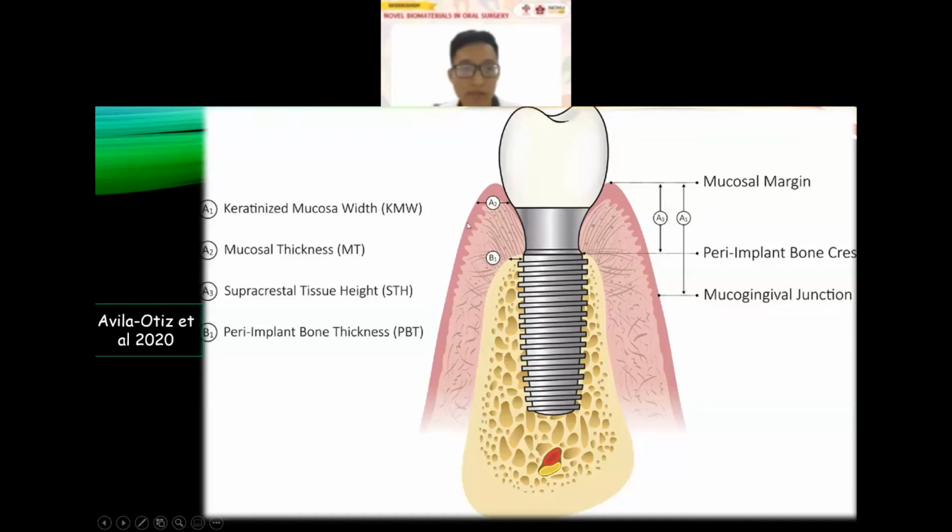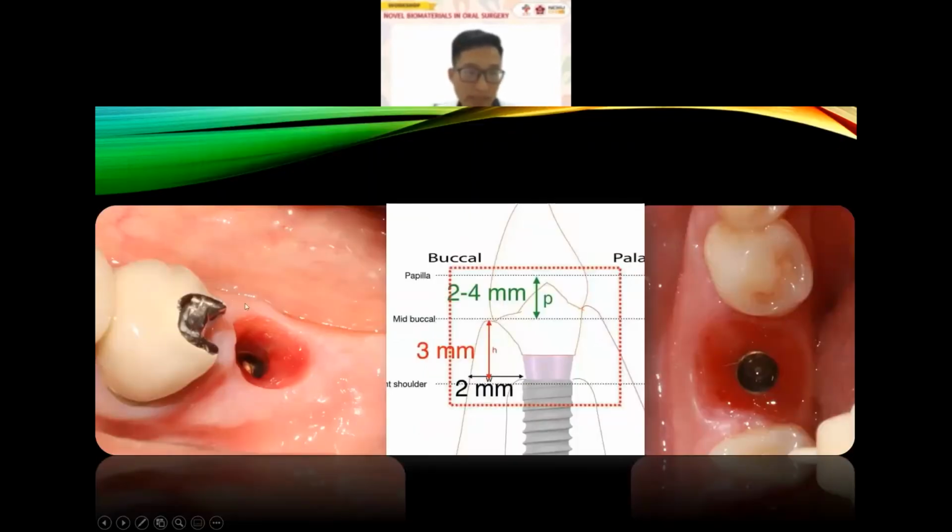The second is to have 3 to 4 mm of supracrestal tissue height, measured from the bone crest to the mucosal margin. The final criterion is to have keratinized tissue around the implant, not only for maintaining the health of the peri-implant site in the long term, but also for a natural emergence profile of the prosthetic.